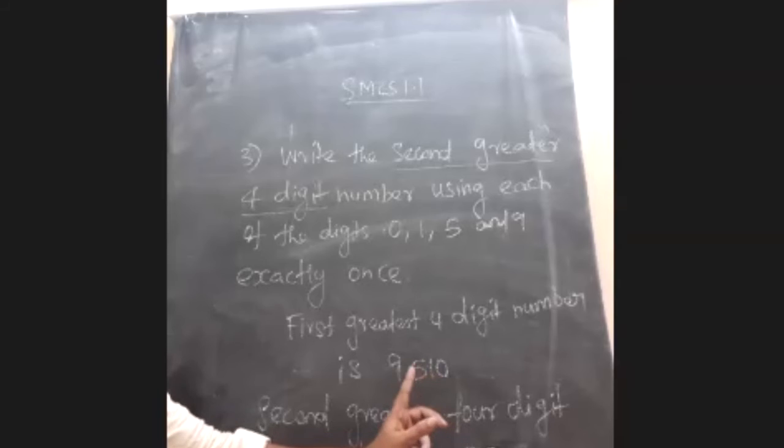So this is 9510; the second one is 9501, the one before it. So mistakenly I wrote 9150. The actual answer is 9501. Please note it down.